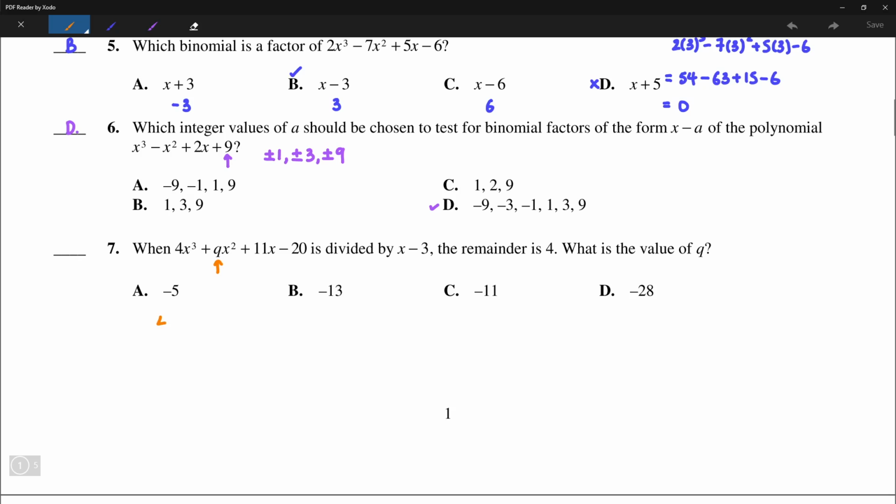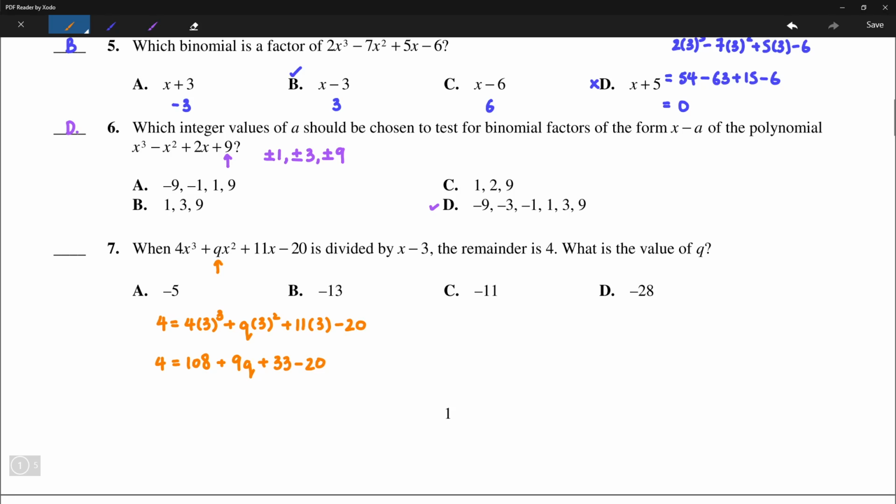So we will set 4 equal to the polynomial with 3 substituted in, plus q times 3 squared, then plus 11 times 3 minus 20. So we can simplify this. 3 cubed is 27. 27 times 4 is 108. And then we have 9q plus 33 minus 20.